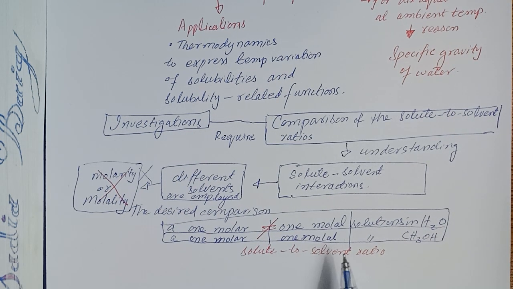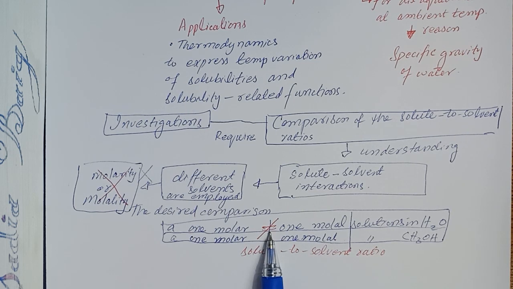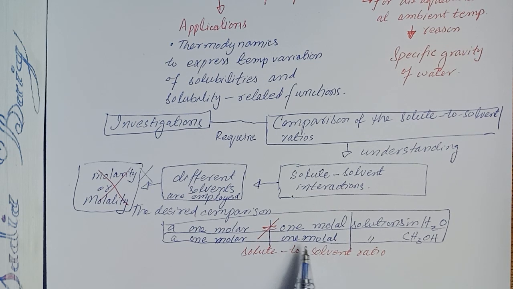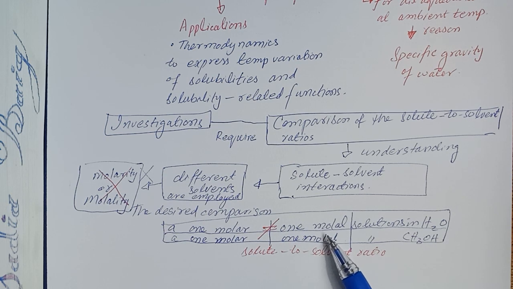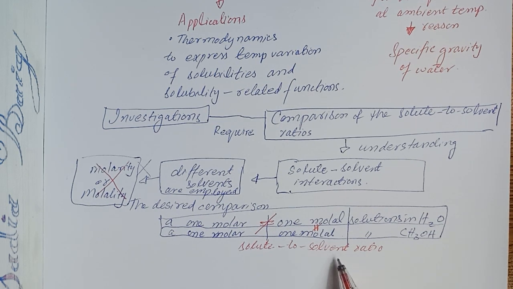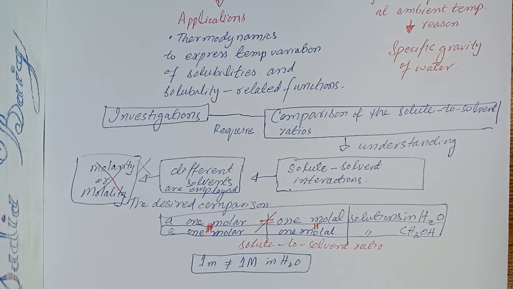Even 1 molar solutions of different solutes don't have the same solute to solvent ratios, and when we have 1 molar in methanol and 1 molar in water, these two solutions also exhibit different solute to solvent ratios. Similarly, 1 molar solution in ethanol and 1 molar solution in water don't have the same solute to solvent ratios.